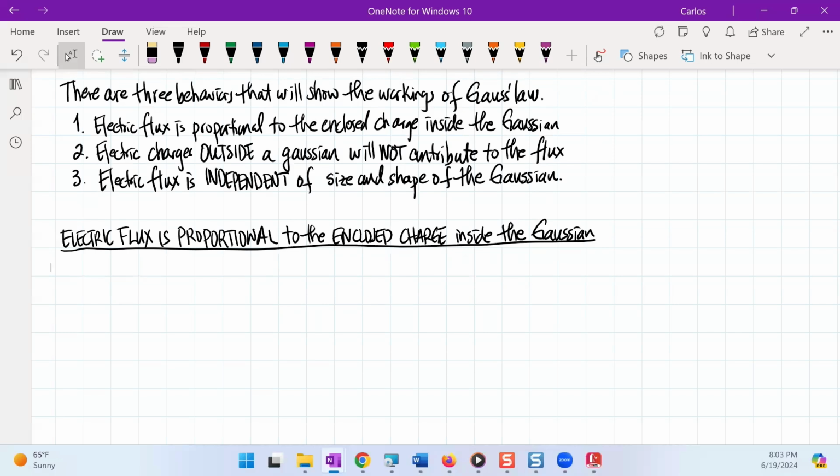So here's the question that we want to talk about. Suppose a Gaussian contains some charge. Okay, so now here's the question.